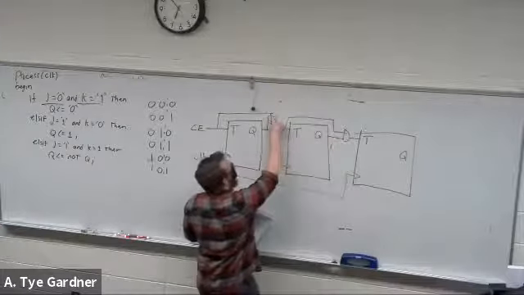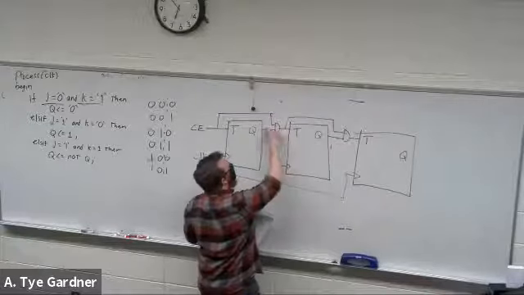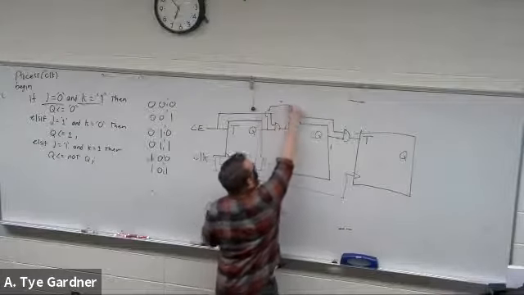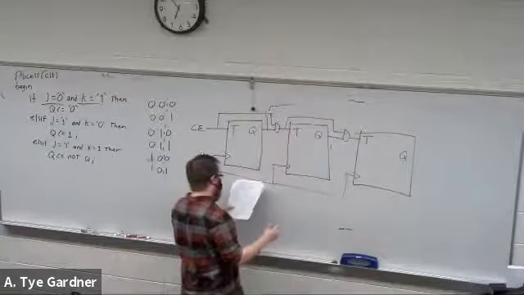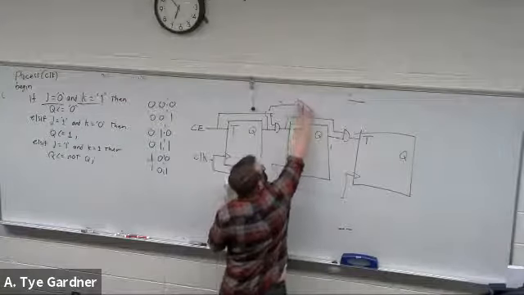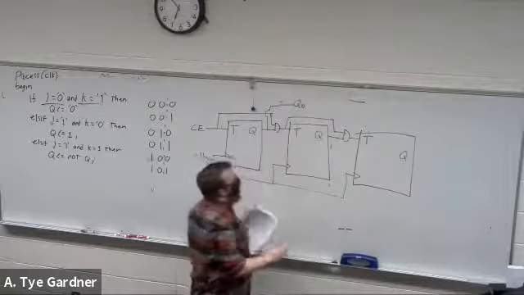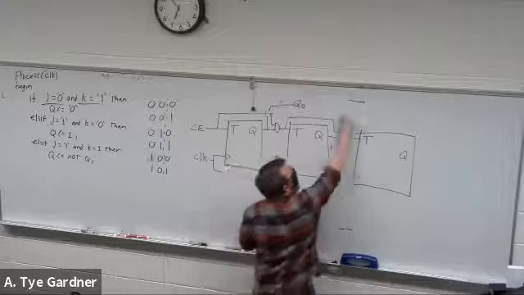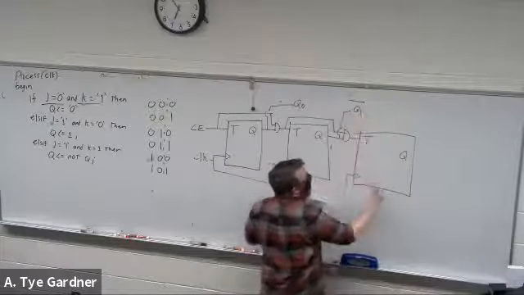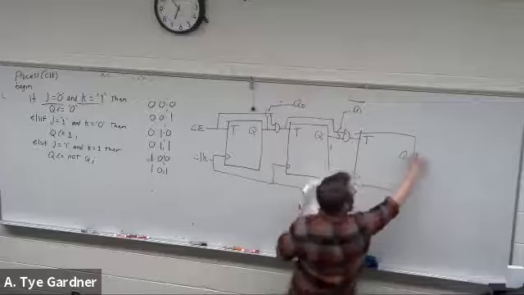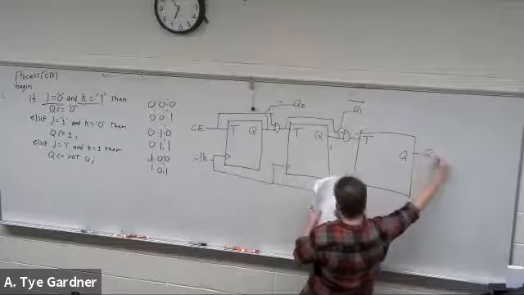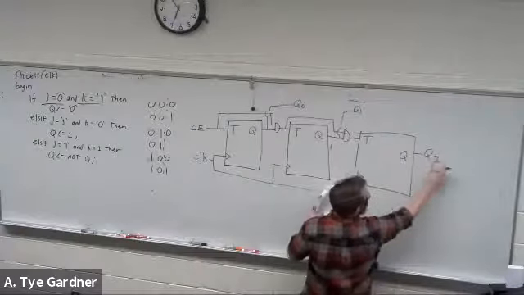Then this guy still helps us, this Q, because that's still going to be for us what we'll call Q0. And we can pull this one and call that Q1. And lastly, our Q3, or we'll skip one, Q2.